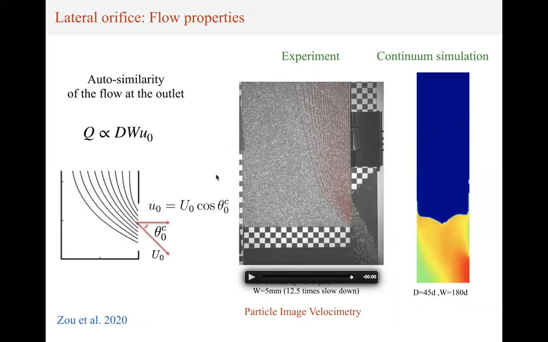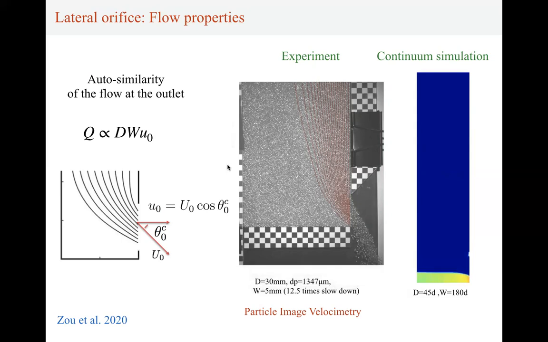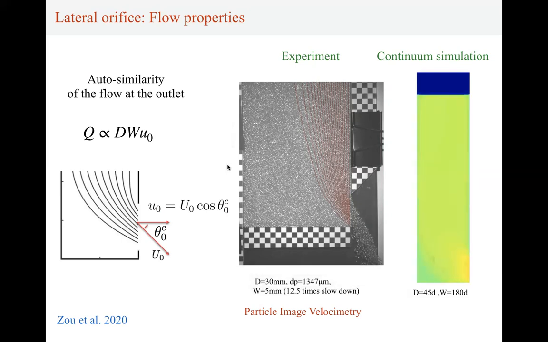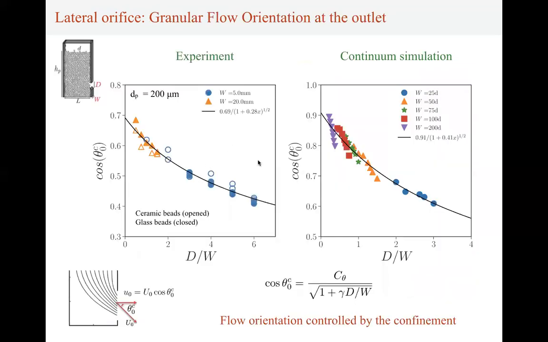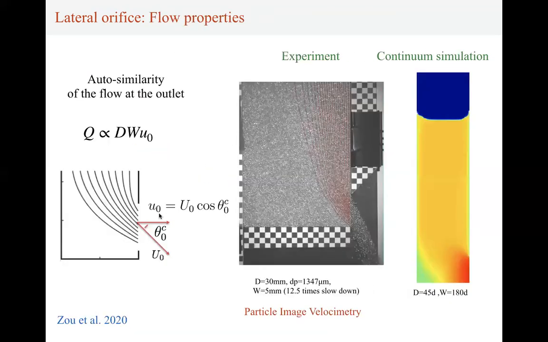What we measure first is that we check that in this configuration, again, the flow is self-similar. If the flow is self-similar, we can just use what we see at the center of the outlet, and the information we have there will give us the flow rate.